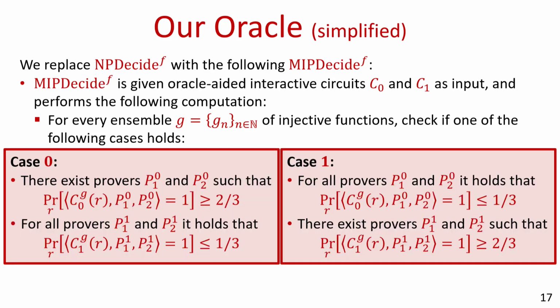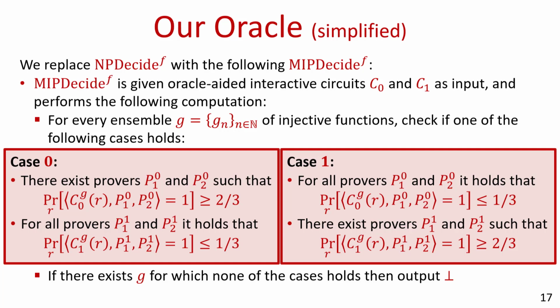Case 0 is when there exist provers that convince C0 to output 1 with probability at least 2/3, and no provers convince C1 to output 1 with probability larger than 1/3. Case 1 is similar to case 0, again with the roles of C0 and C1 switched.